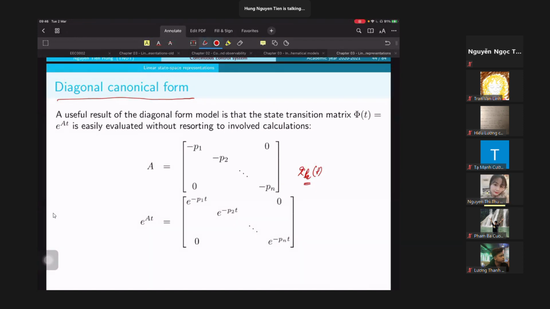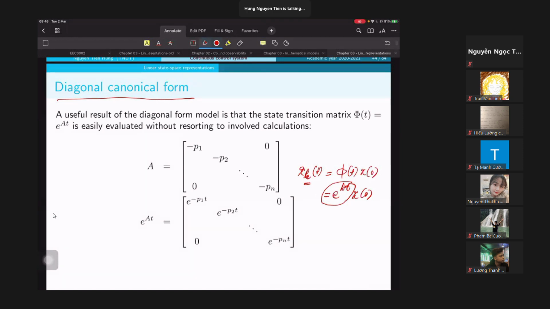Okay. Then we have to find the transition matrix and multiply by the initial condition X naught, or this is e to the power of A t times X naught. Okay, but the calculation of e to the power of At is not easy.